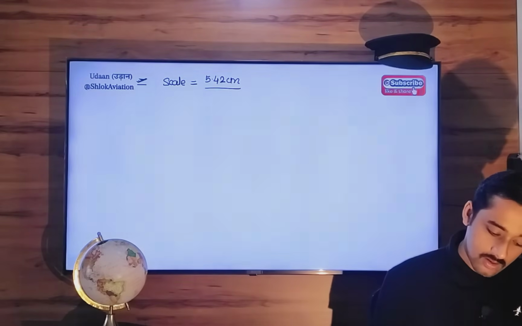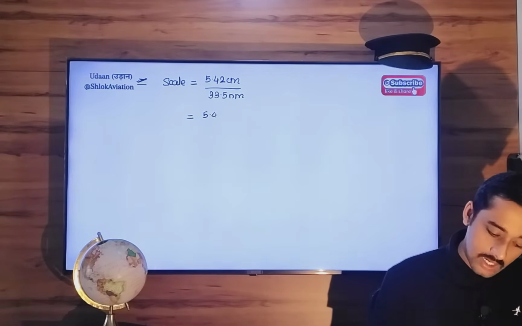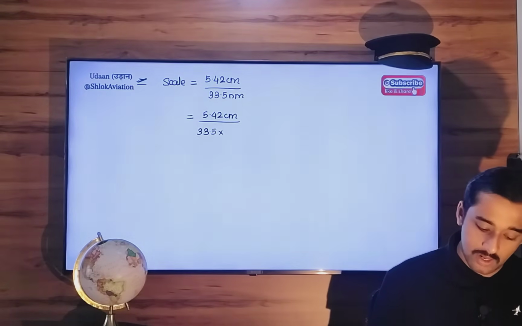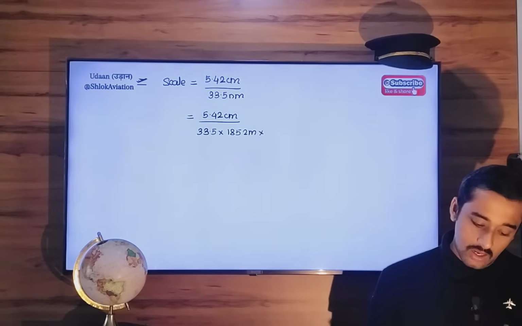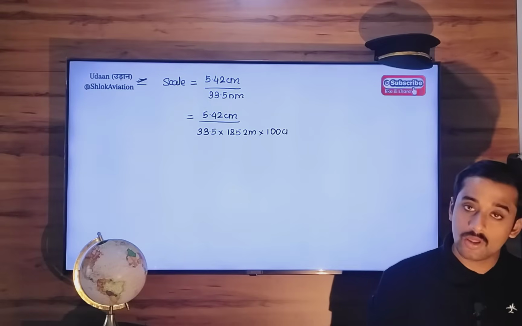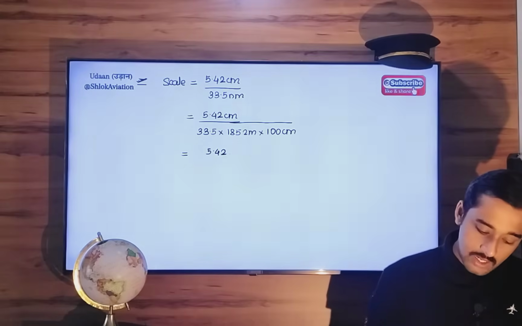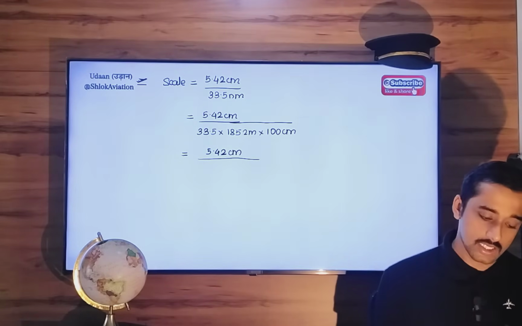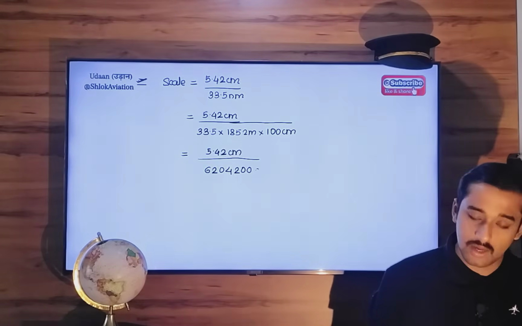So your scale will be equal to chart distance of 5.42 centimeter divided by 33.5 nautical miles. So 5.42 centimeter divided by 33.5 nautical miles into 1852 meter into 100 centimeter. Now both the units of numerator and denominator are the same. So 5.42 centimeter divided by 33.5 into 1852 into 100 is 6204,200 centimeter.